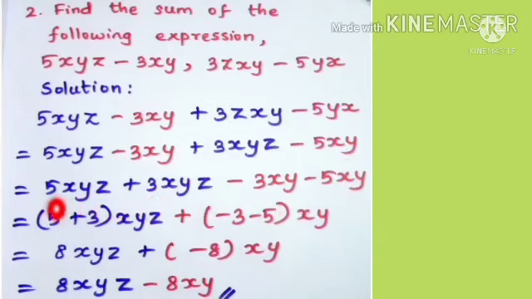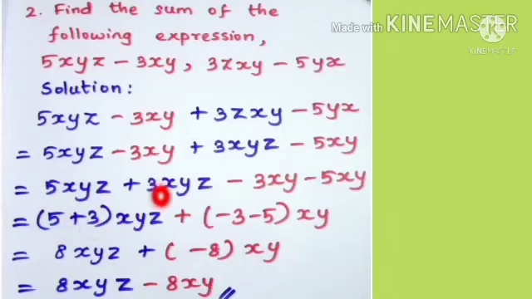So here we can write 5xyz plus 3xyz minus 3xy minus 5xy. And in the next step, we are going to add the coefficients of like terms alone. The coefficient of the first term 5xyz is 5, and the coefficient of 3xyz is 3.